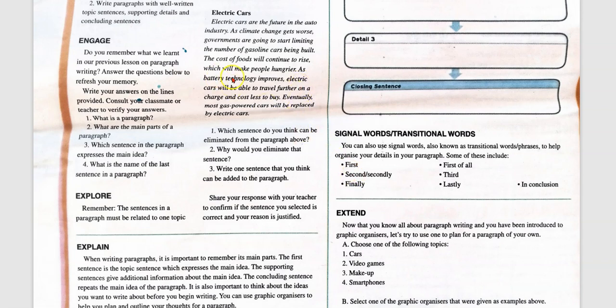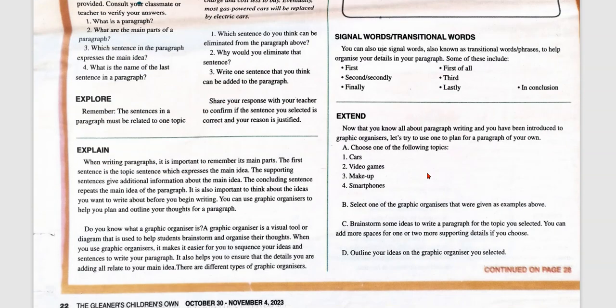Thirdly, as battery technology improves, the cars will be able to go further. And then they say eventually, in conclusion, most gas-powered cars will be replaced by electric cars in the future. Something like that. So those transitional words can help you to move seamlessly from one point to another.